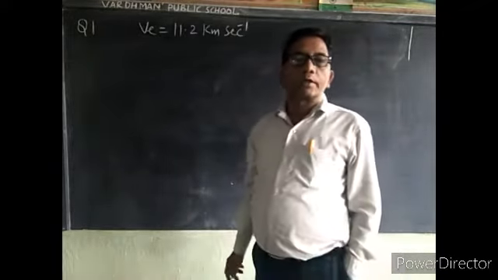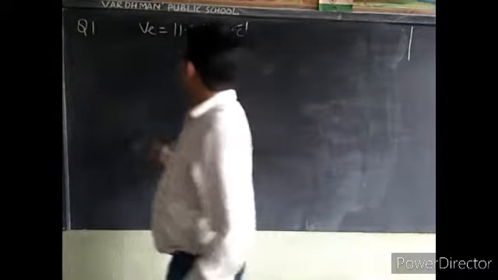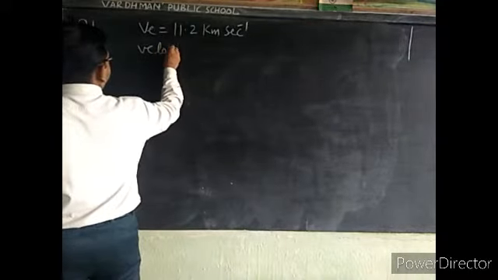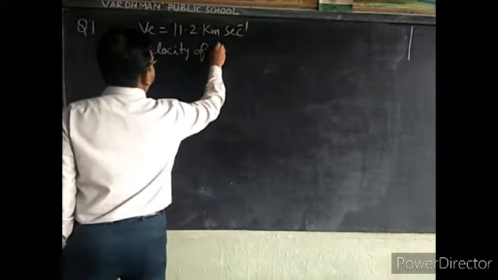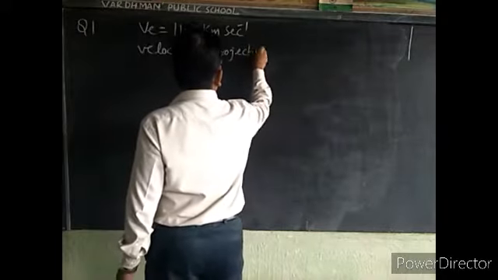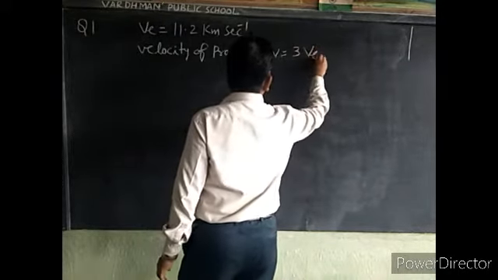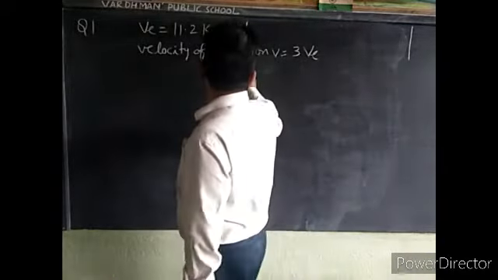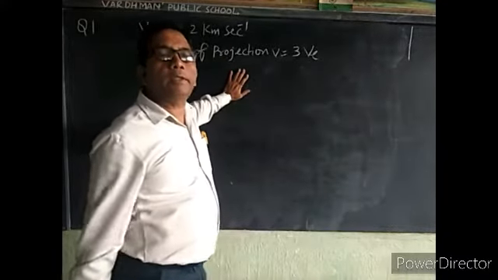Now, what is the velocity of projection? Let the velocity of projection be v, and v is equal to 3Ve.